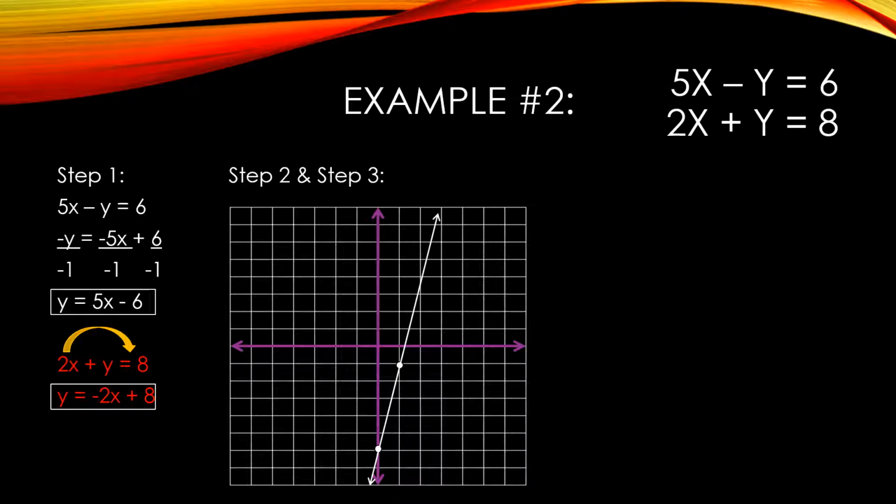Again, we start off by plotting our y-intercept at +8, and we use our slope of -2 to find other points on the line. Step number 4, we can visually see what our point of intersection is on our graph. That's the coordinates of 2 and 4.